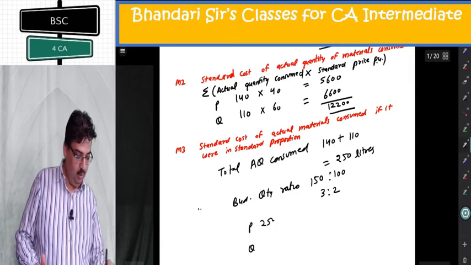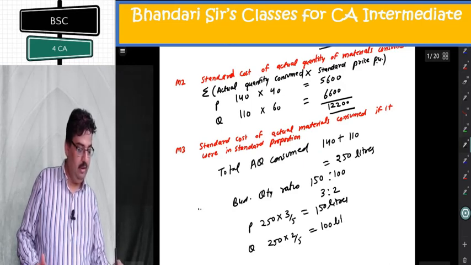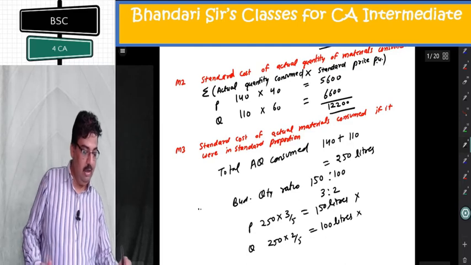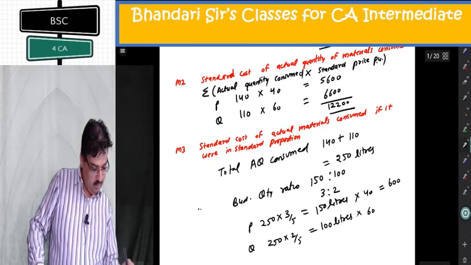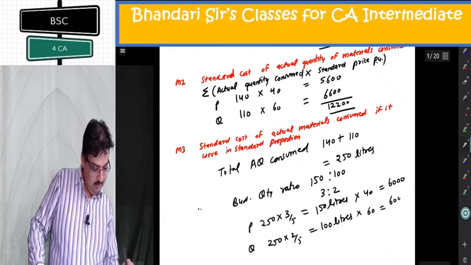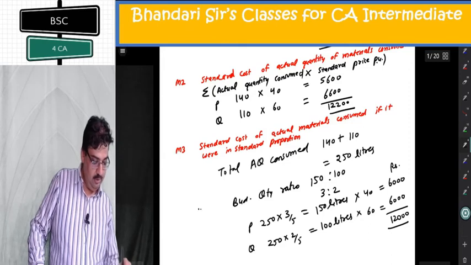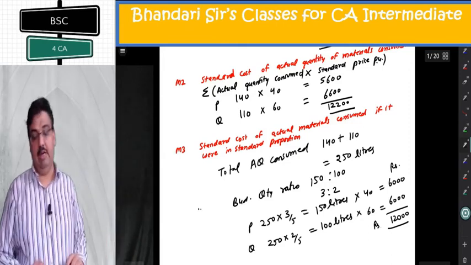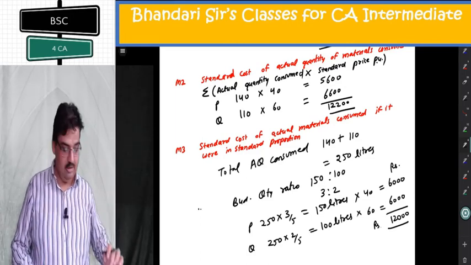For P and Q, 250 into 3 by 5, 250 into 2 by 5. 150 liters, 100 liters. Multiply with standard rate 40 and 60. 6,000, 6,000. 12,000 rupees. M3 very simple, 12,000. Can't get easier questions than this. Very, very simple question.